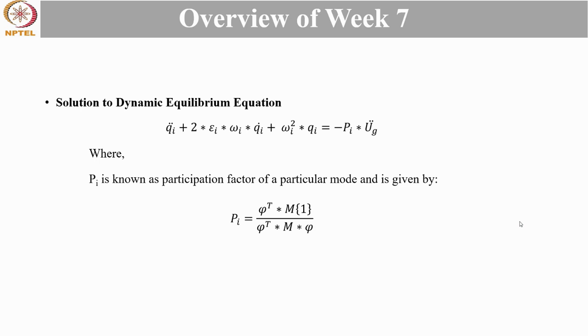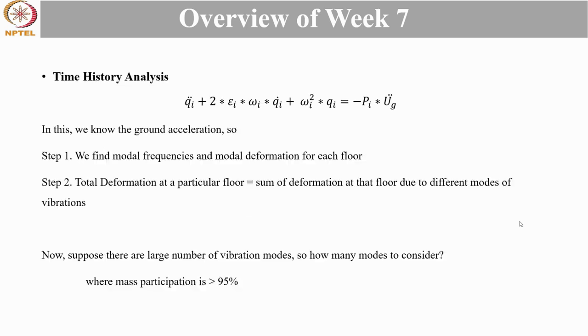And why is this important? Because not all modes contribute equally in total vibration of a structure. Most often mode 1 contributes the maximum compared to other modes. So it is important to know participation of each mode to obtain accurate deformation of each floor.